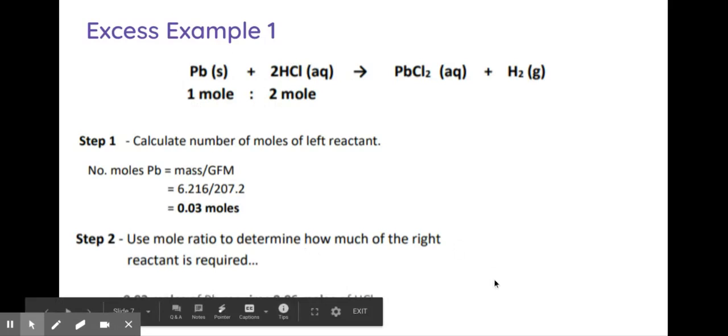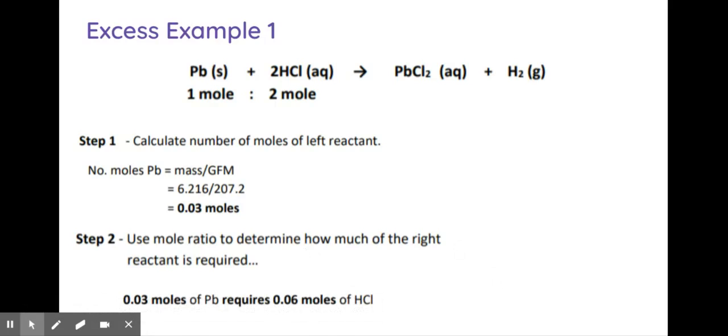So that means if we have 0.03 moles of lead, we require twice that amount. So it's 0.06 moles of hydrochloric acid. That's how much hydrochloric acid we require for the number of moles of lead that we have to react successfully.